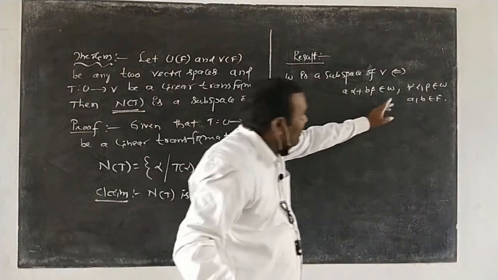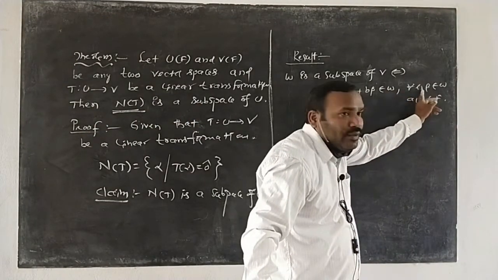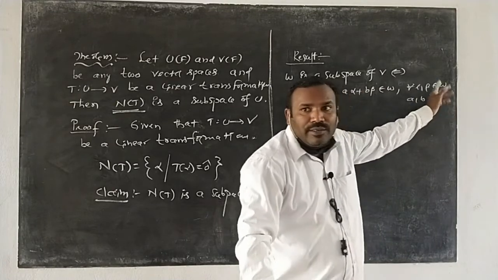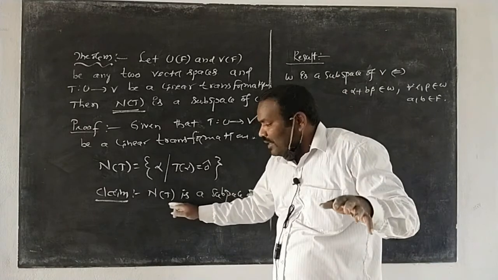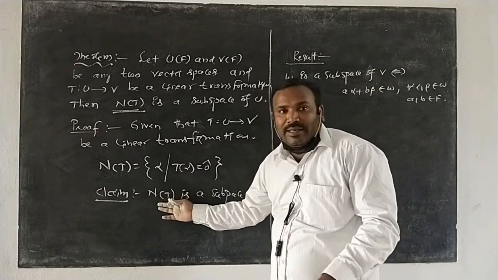If you want to say W is a subspace, you take two vectors in W. That means we are going to say N of t is a subspace, so you take two vectors in N of t.